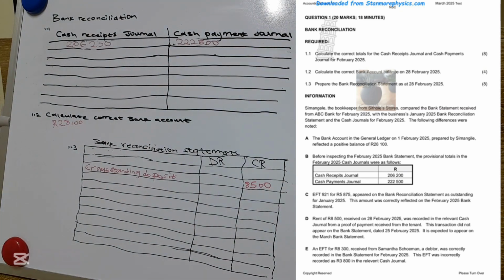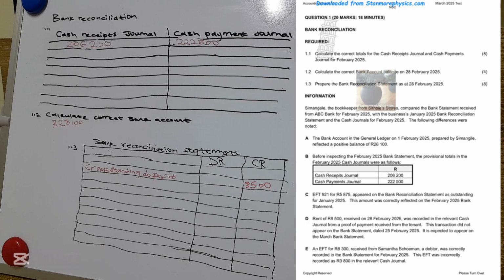An EFT for 8,300 received from Samantha Schumann, a debtor, was correctly recorded in the bank statement for February 2025. They are saying this amount was correctly recorded on the bank statement, so we are not going to fix anything on the bank statement. Then this EFT was incorrectly recorded as 3,800 in the relevant cash journal.